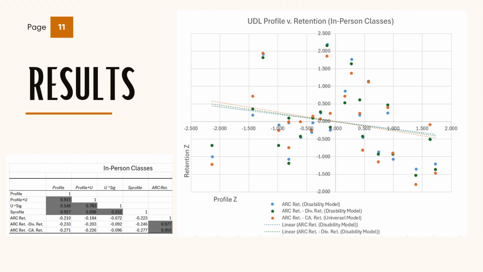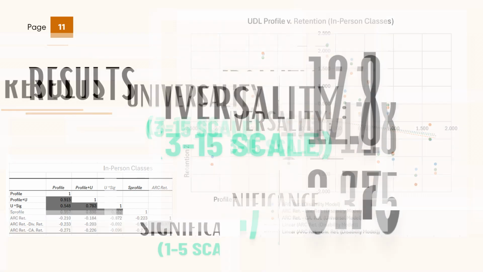So looking at the correlation matrix on the bottom left, you see comparisons between the different variables, most notably comparing the profile score, you see that you have a negative R score. This is the correlation coefficient. So it's inferring that on the whole, it's a negative relationship with the UDL self-assessment score.